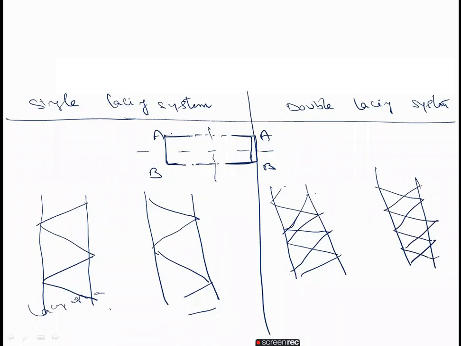So these are the single lacing system as well as the double lacing system. Even you will observe this in electric steel poles, outside, and in most cases in railway station platforms. Anyway, I will show the pictorial view also. Please wait for one minute.